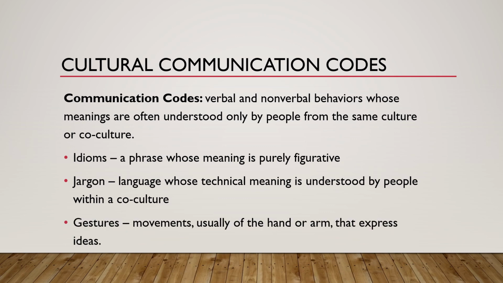And finally, gestures. So I talked about this a little bit before as well. So movements, usually of the hand and arm. We've talked already about what gestures are. And gestures can vary widely between cultures. I talked about handshaking. We can also talk about the middle finger varying in terms of its meaning from culture to culture.